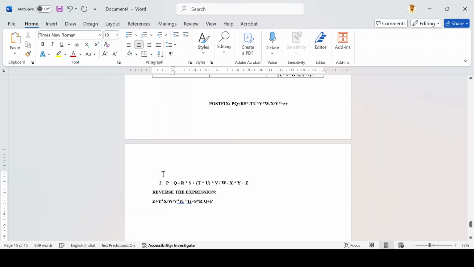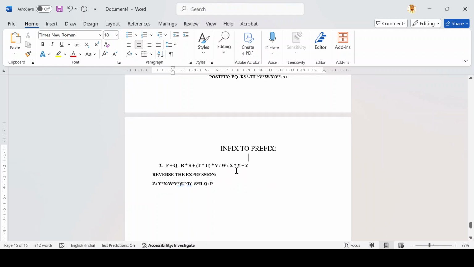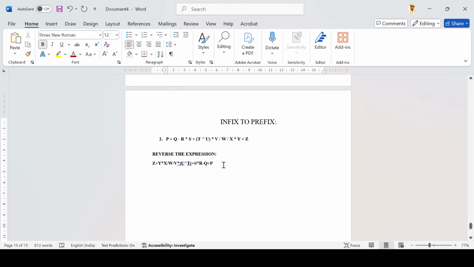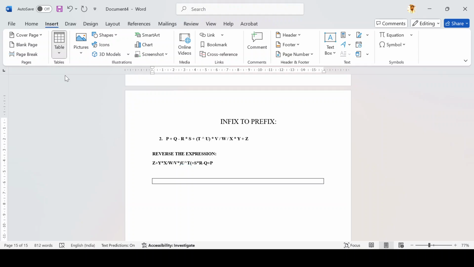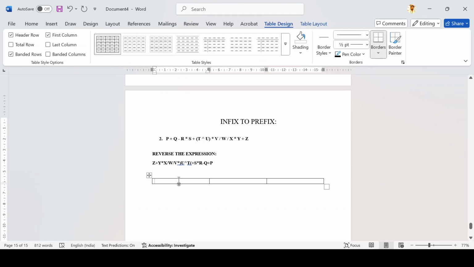So we are performing infix to prefix. Whenever you go for infix to prefix, the first step is to reverse the expression. We have done it. Now for the reversed expression, we need to apply the rules one by one.